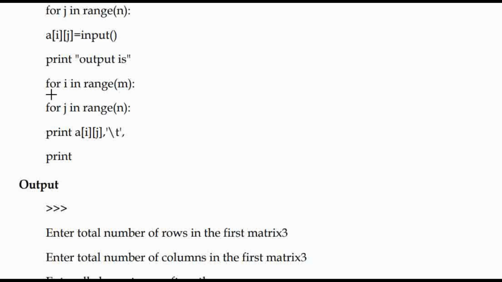For I in range M, for J in range N, print A[i][j] slash t, print.